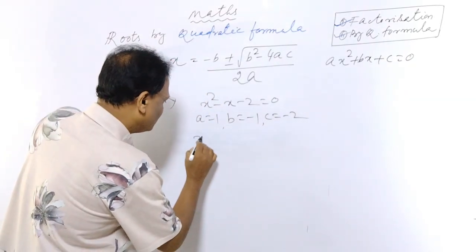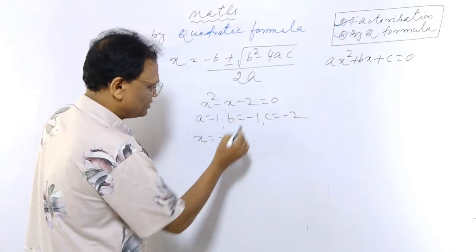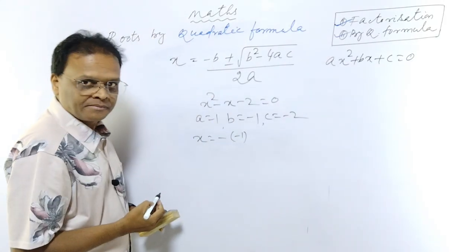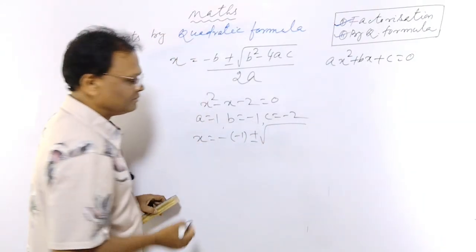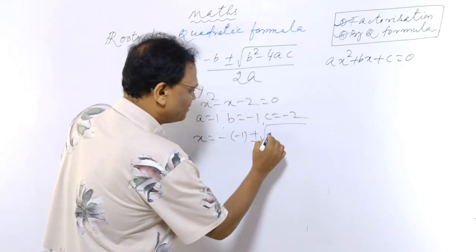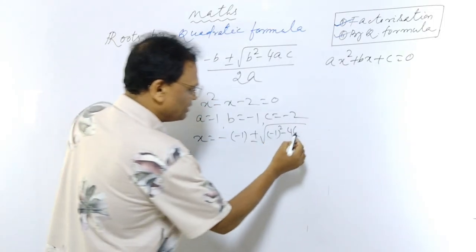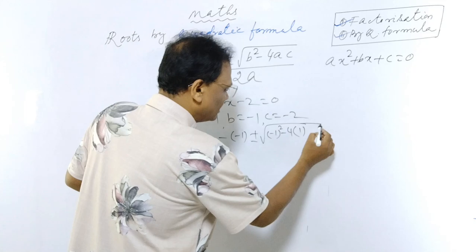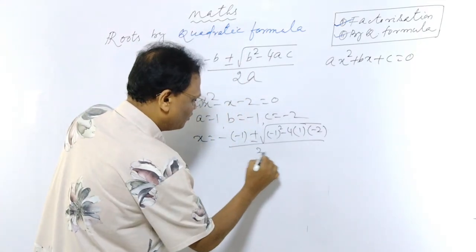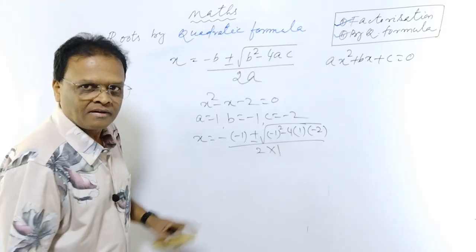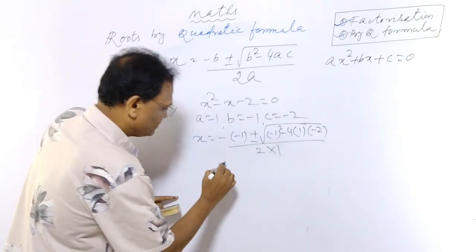Now let me use the formula. x is equal to minus b, minus of minus 1 because b is minus 1, plus or minus root of b square, minus 1 square, minus 4 into a, which is 1, and c, which is minus 2, divided by 2 into a. Only I am writing the values of a, b, c, that's all.